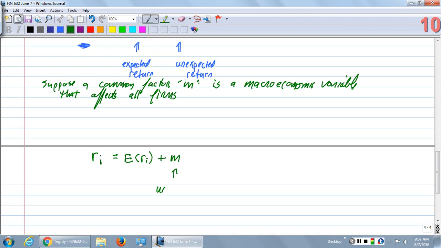Some unanticipated macro surprise. Plus, again, something that is unrelated to the market, but it's a firm-specific surprise. That makes sense to me. I hope it does to you.